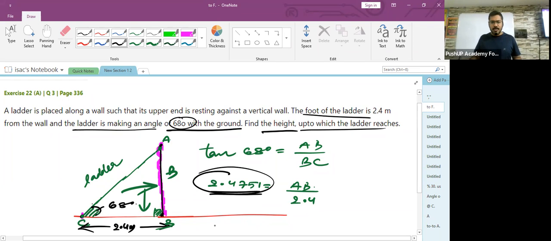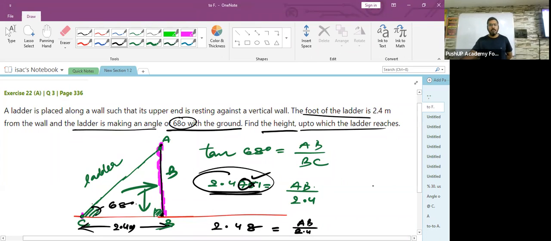Instead of writing it as 2.4751, they will write it as 2.48. Why? Because the next digit to 7 is 5, which is greater than or equal to 5, so 1 is added to 7. So they write 2.48 is equal to AB upon 2.4.